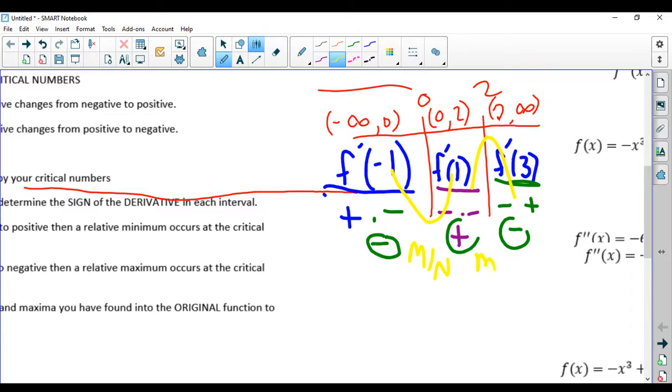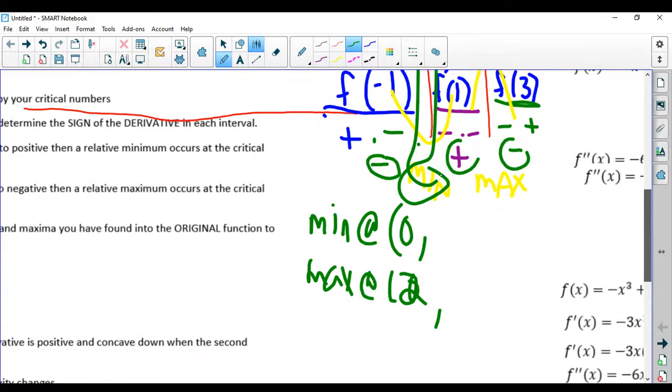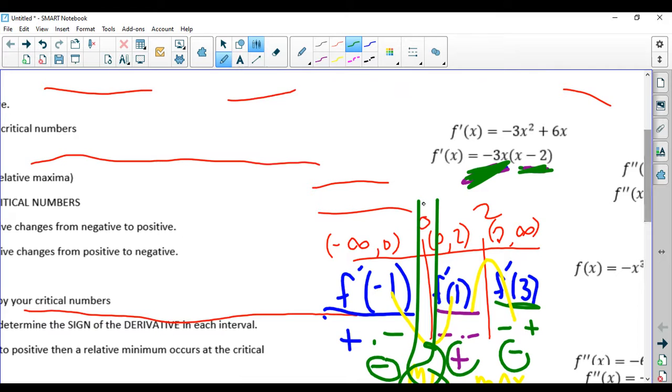That's the maximum. So we have a minimum at 0, comma, and a maximum at, I'm sorry, at 2, comma. So you're using these two critical numbers.